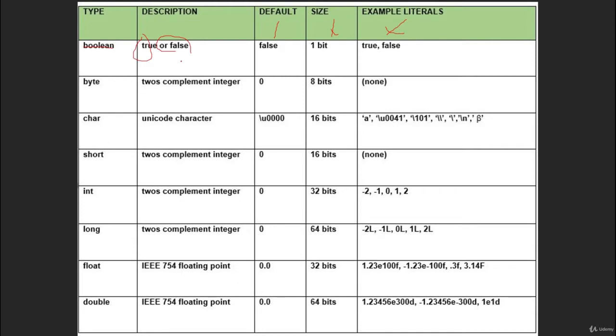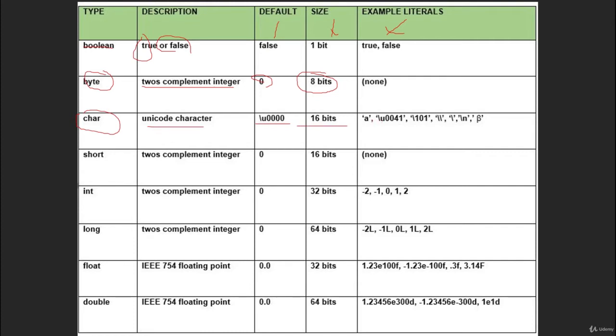Now, the second type is byte, two's complement integers, and the default value is 0. Size is 8 bits. Character is a Unicode character, 16 bits.